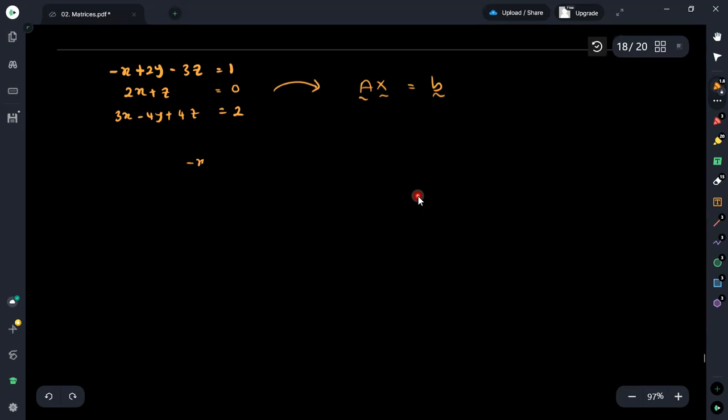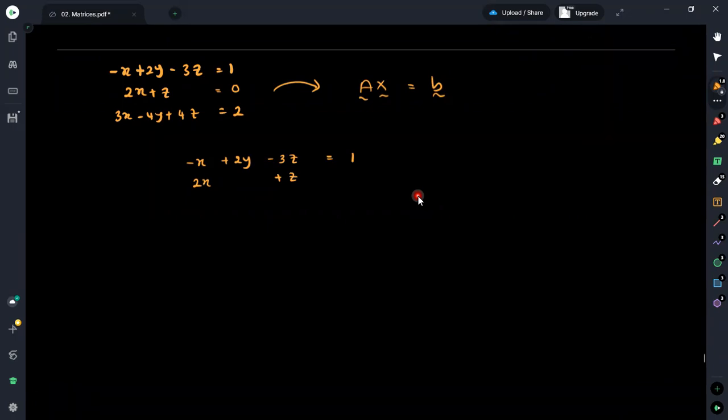It is minus x plus 2y minus 3z equals 1. Here I am having 2x plus z. I am writing z here and keeping a space, because the second column is associated with the y variable.